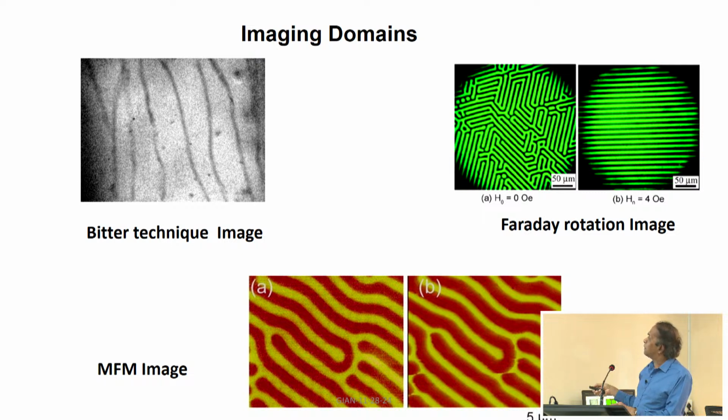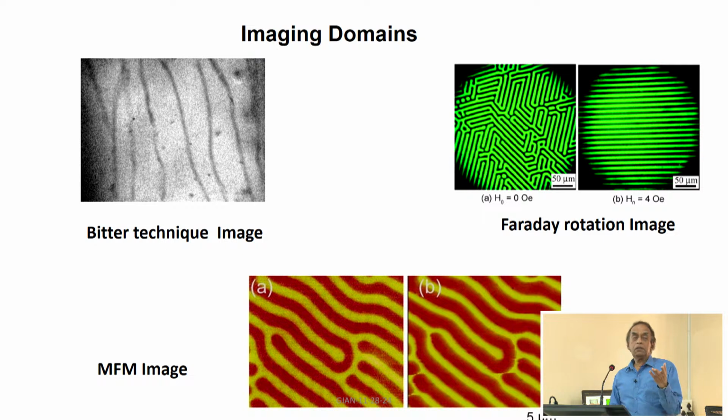This is usually yttrium iron garnet, I am pretty sure. And if you have a small static magnetic field, you can easily visualize the change in the domain configuration. It is 4 Oersted, that is a very small field versus 0. Okay. And this one is magnetic force microscopy.